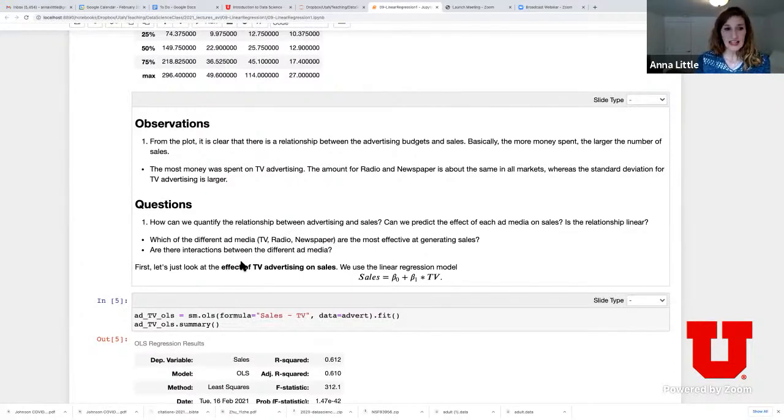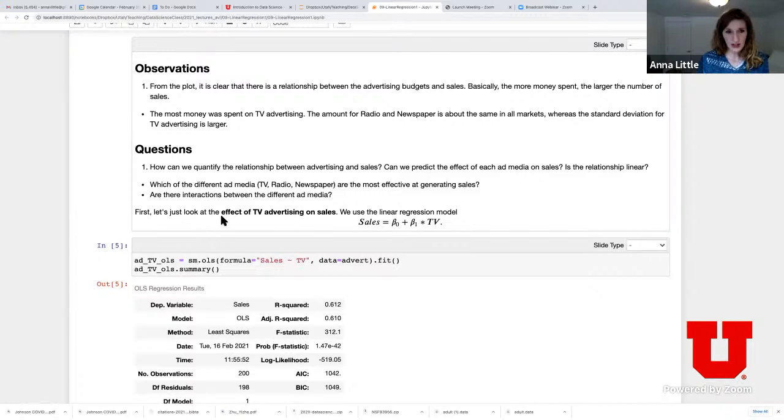Also, are there any interactions between the different ad media? Maybe we shouldn't be thinking of these as independent variables, but maybe they are related in some way that affects their impact on the sales.